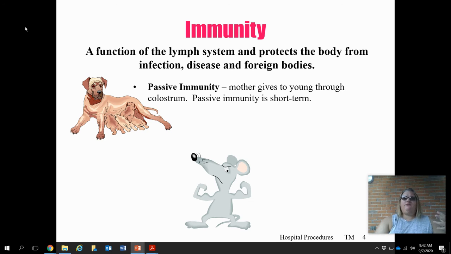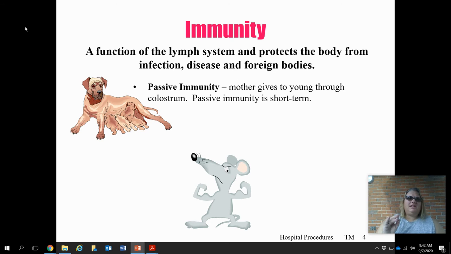They are given some passive immunities. And then right after the puppy, kitten, foal, calf, or piglet is born, it's very important that they get that first milk that is called colostrum.